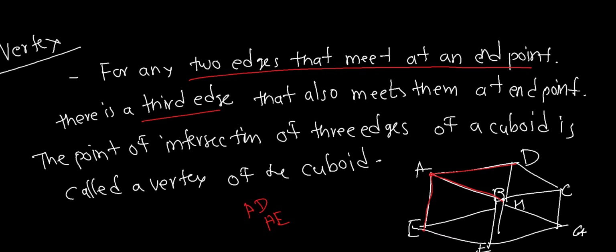So here it is, that third edge, BA or AB. If we want to say A as an endpoint, we must say BA.